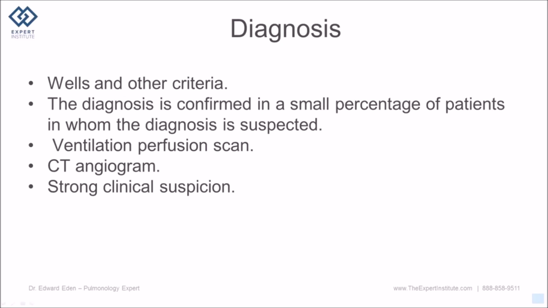But even with that, only a small percentage of patients in whom the diagnosis is suspected actually turn out to have pulmonary embolus. Once the diagnosis is suspected, then appropriate diagnostic procedures should be performed at the time the patient is seen, or certainly very near the time the patient is seen. Next slide.